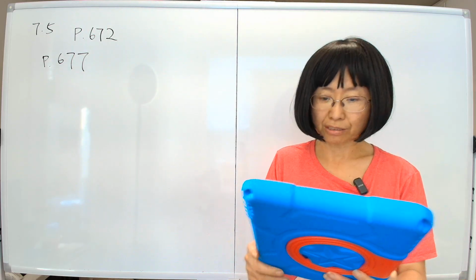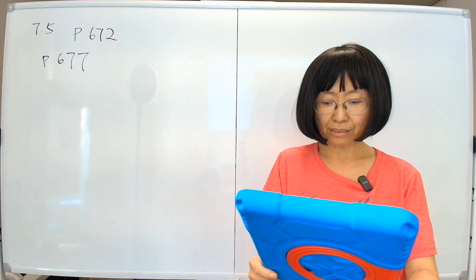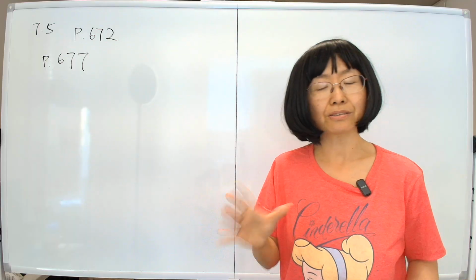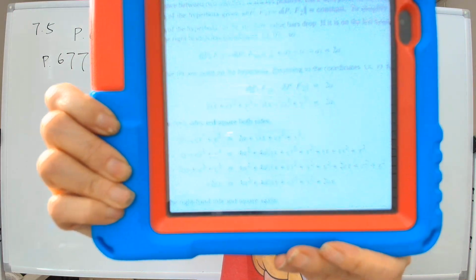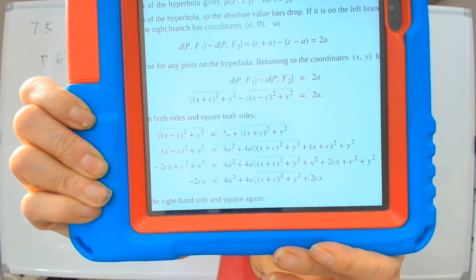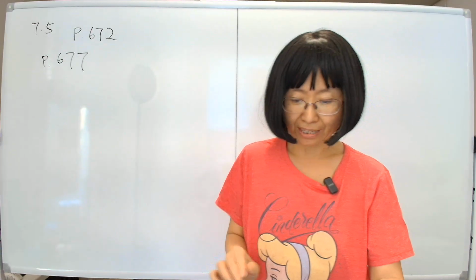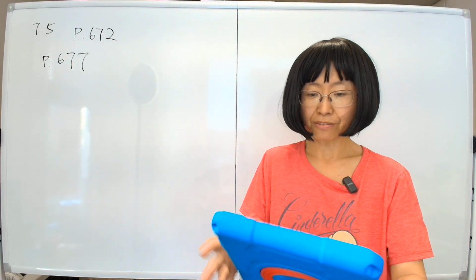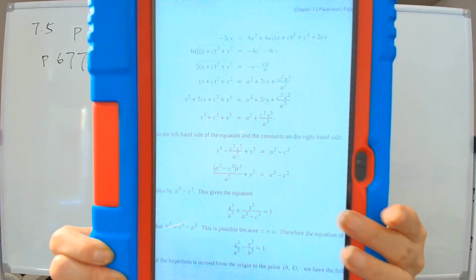You don't have to do it really, because if you've already done the ellipses, the hyperbola works exactly the same, except that you have two square roots to do. You have to square it once and then square it again to get rid of both radical signs, and then you clean up, and if you don't make a mistake somewhere, eventually you end up with the equation of the hyperbola, which is very similar to the ellipse.